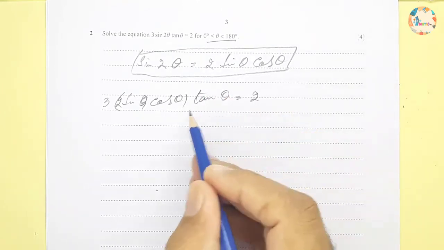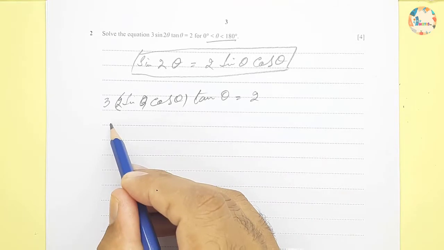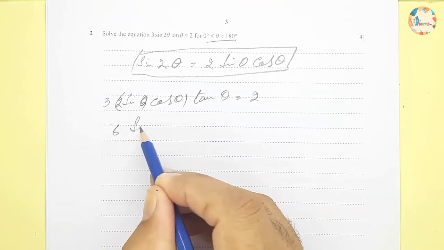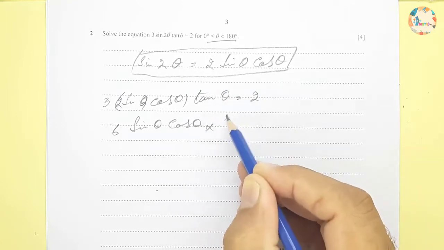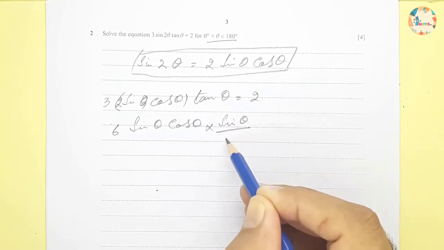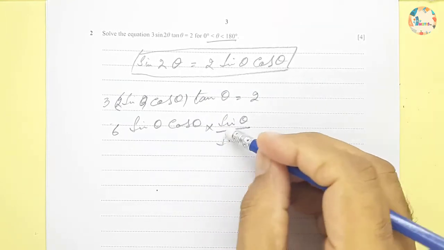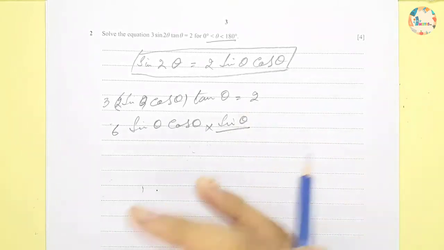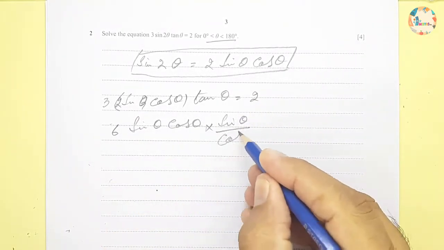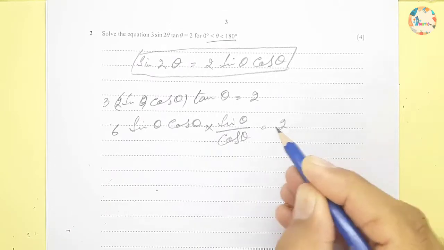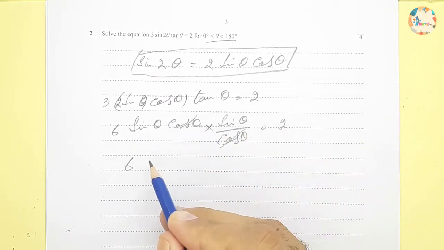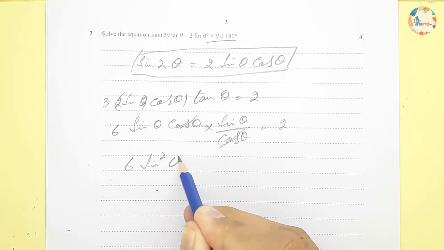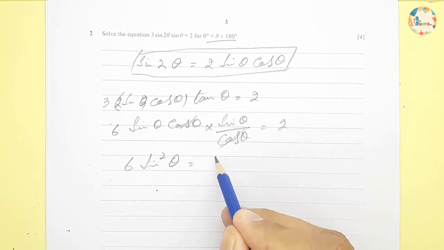Now we can replace tan theta, so this will be 6 sine theta cos theta, and tan theta will be sine theta over cos theta. So we will write here sine theta over cos theta is equal to 2. This cos theta will cancel with this, and this will be 6 sine square theta is equal to 2.